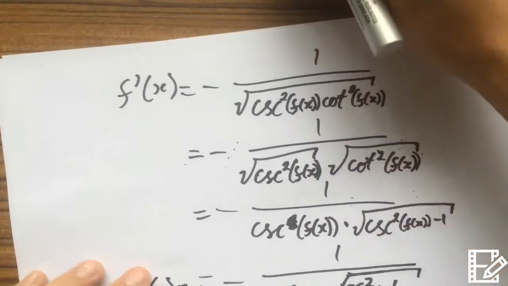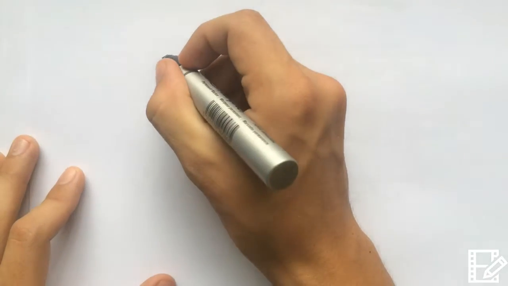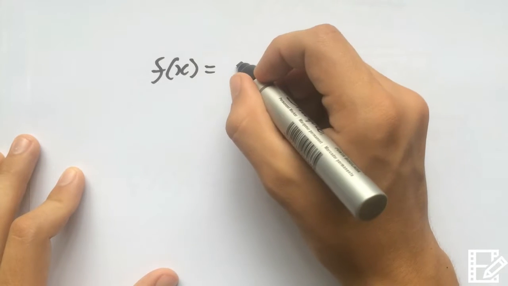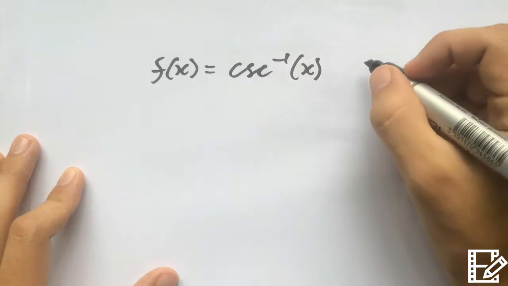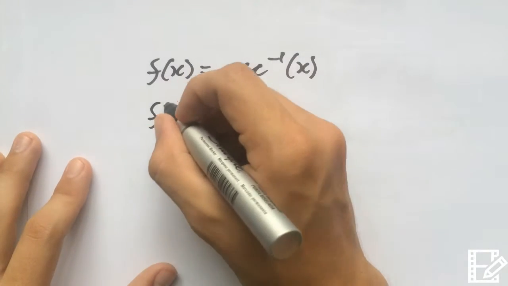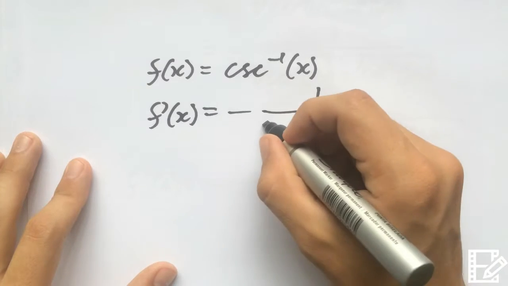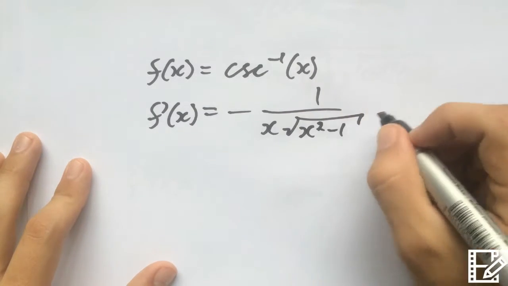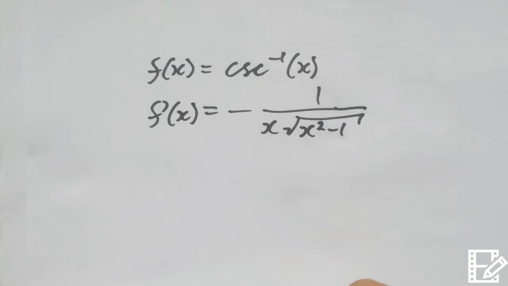So if I rewrite that on another page for you, we have our function, and that equals the inverse cosec of x, and the derivative will equal negative 1 over x multiplied by square root of x squared minus 1. Thanks for watching. I hope you learnt something, and have a good day.